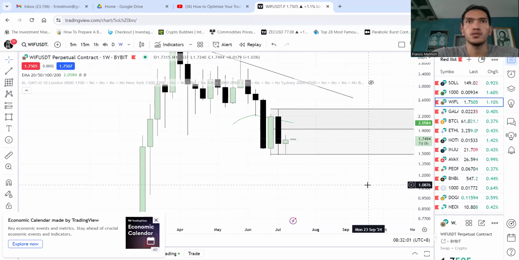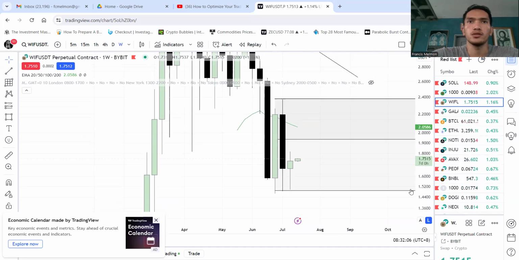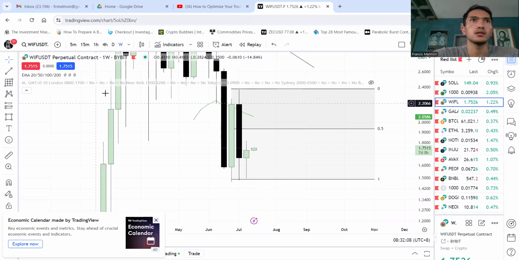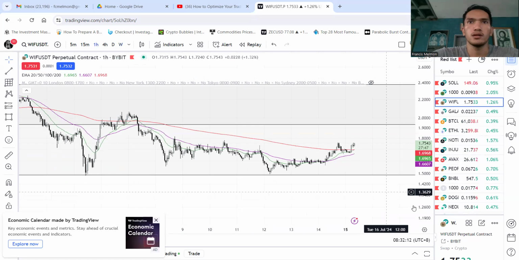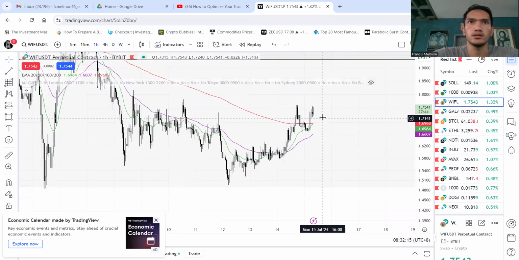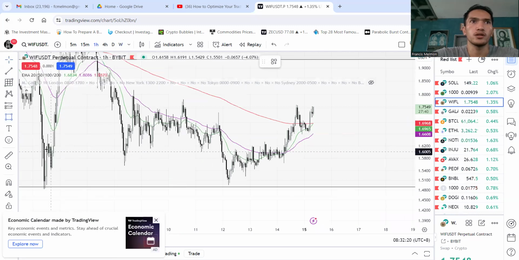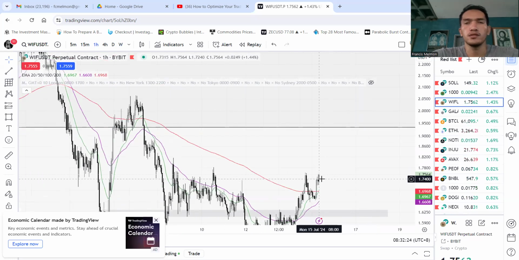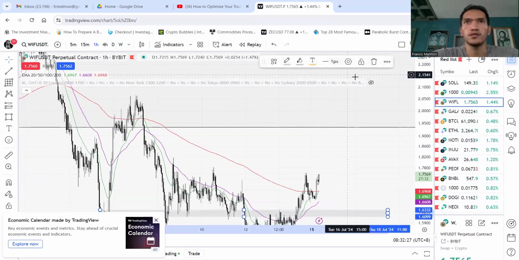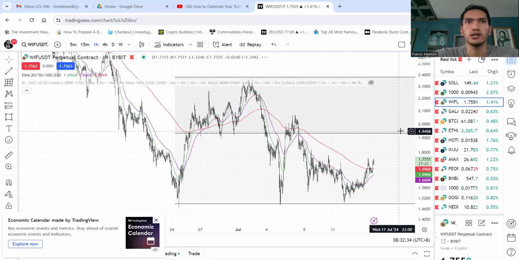Okay, so for a bullish close or price action within the week, we could have some opportunity for a long in this area. If not, if we are bearish for this week, we will be visiting this key area right here.